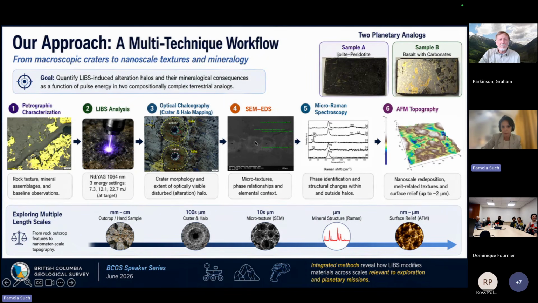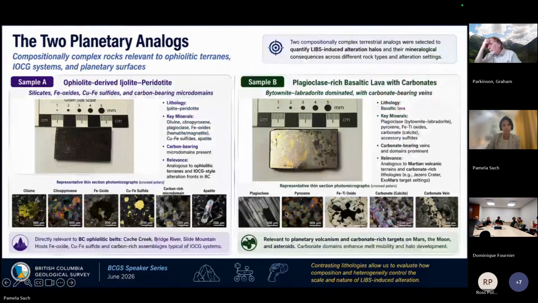In the SEM-EDS, you can see the halo and the craters that LIBS causes on the sample. Then we performed micro-Raman spectroscopy in these areas to see if there was any mineralogical change. I also integrated this with an atomic force microscope so we can map these craters on the nanoscale and know exactly the measurement and the depth of the craters.